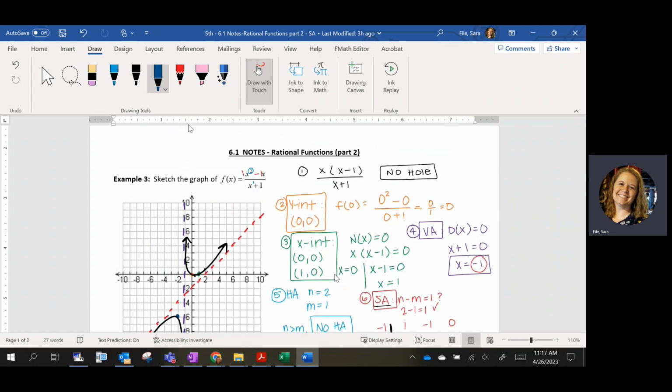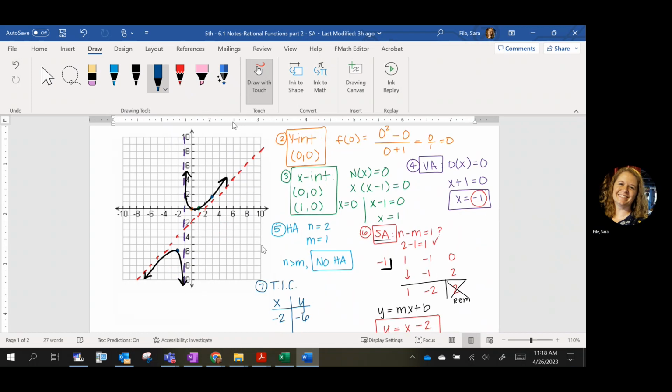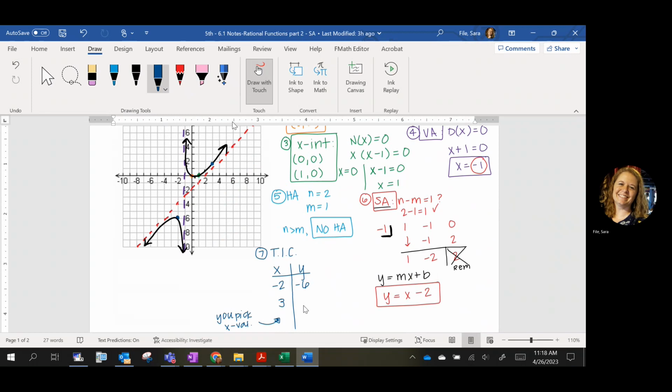We would do 3 squared is 9 minus 3 is 6 over 4. So that'd be 1.5. We know there's a point at 3, 1.5. And hey, look, I did good drawing my graph because that's where it would go through. Does that make sense, guys?